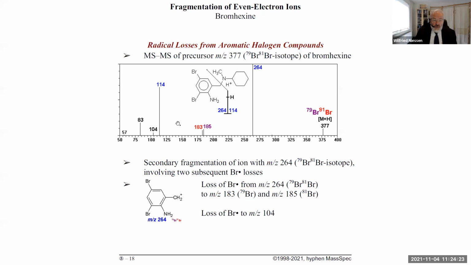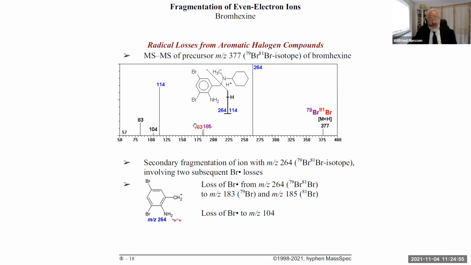Yesterday we had 114 and 262, but now of course we have 264 because one of the two bromines is an 81 bromine. We still have the 83, but from the 264, we actually see losses of Br dot, which could be the loss of 79Br dot to the 185, or the loss of the 81 bromine to the 183.